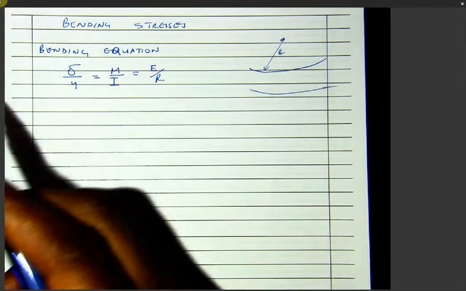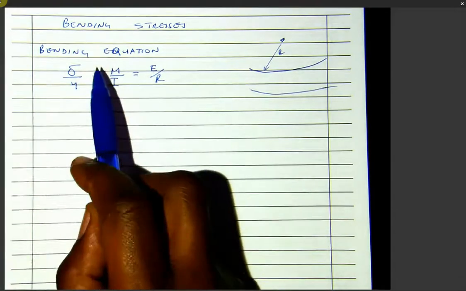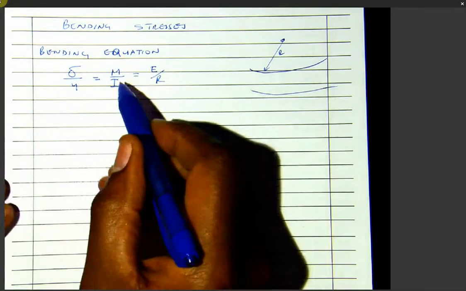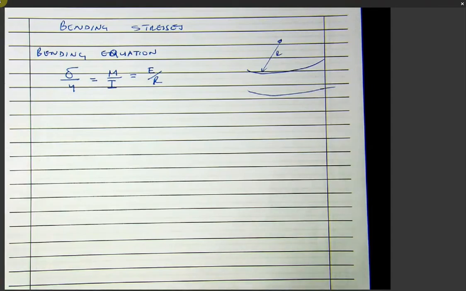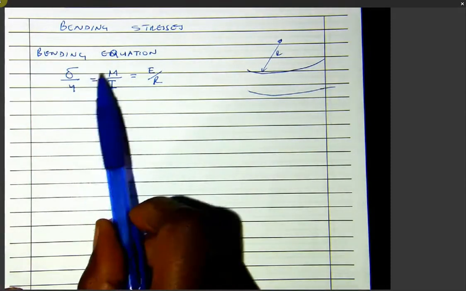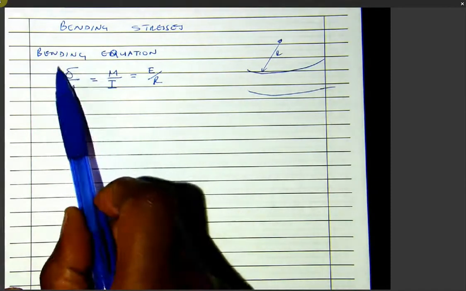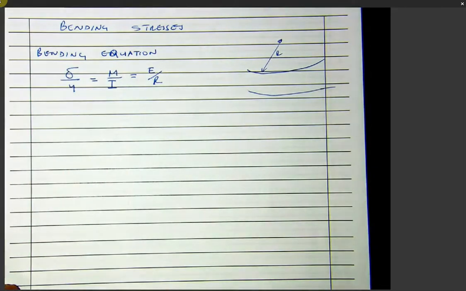So how do you then use this formula? Guys, I must tell you, you don't use all three. You select maybe the first two depending on the information that is given to you. If you can get this and that information and you want to calculate the stress, you will take the first two terms of that equation.